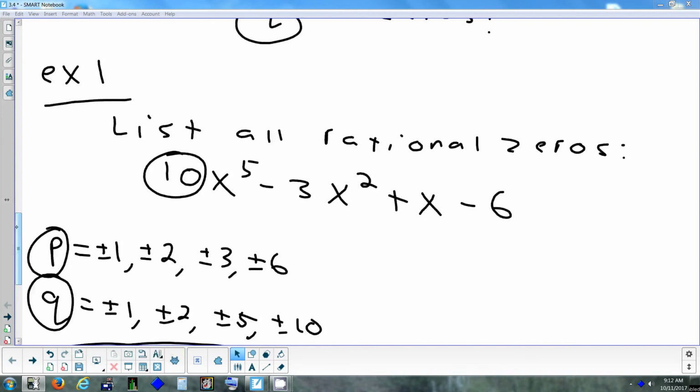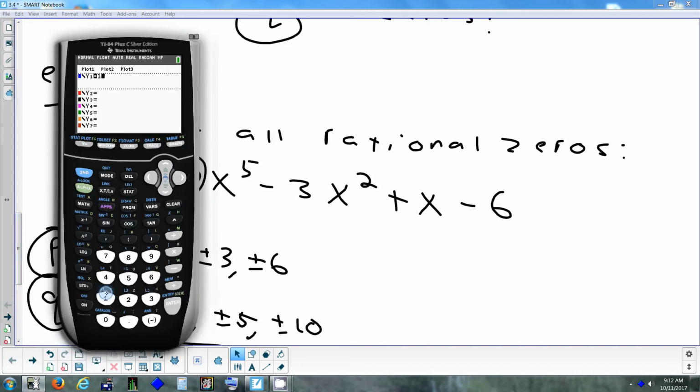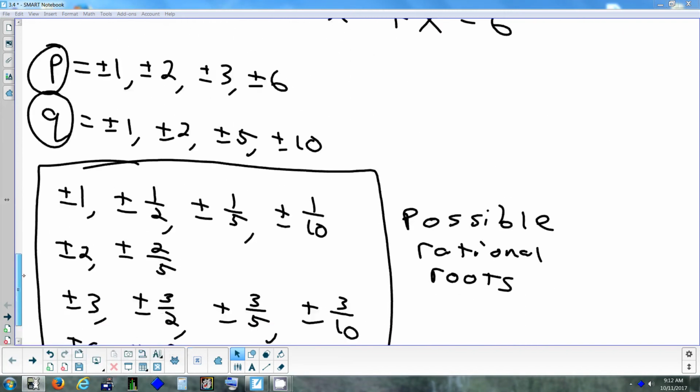So I'm going to type it in. 10x to the 5th minus 3x squared plus x minus 6. And this gives me a good idea of what my window should be.